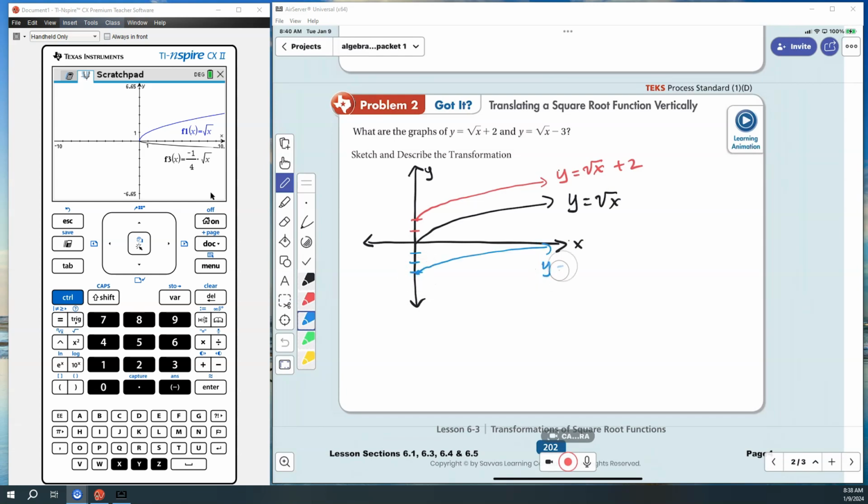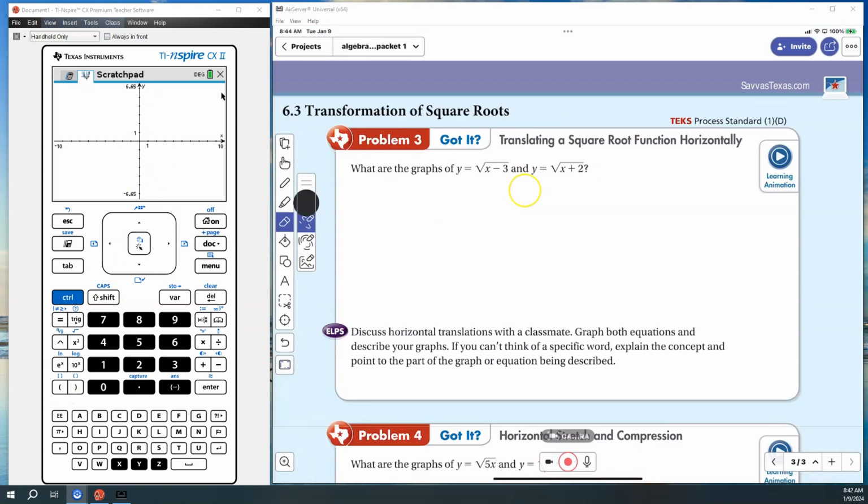So we have y equals square root of x minus 3. Now, a major misconception: if the 2 or the minus 3 was inside the radical, it's going to shift left or right. Once again, I have the parent function here, and the plus 2 did move it up 2, and the minus 3 moves it down 3 units. So here are the 3 functions graphed.